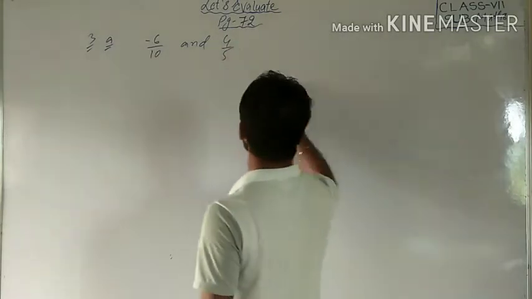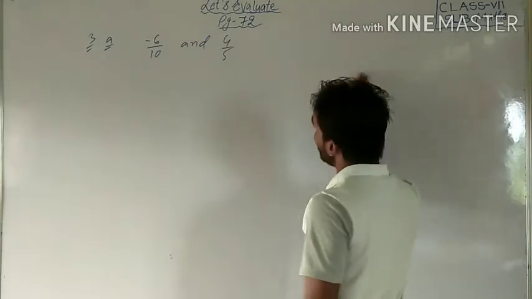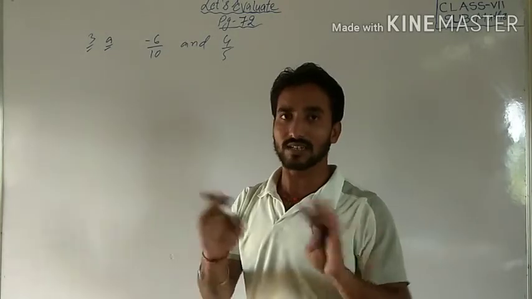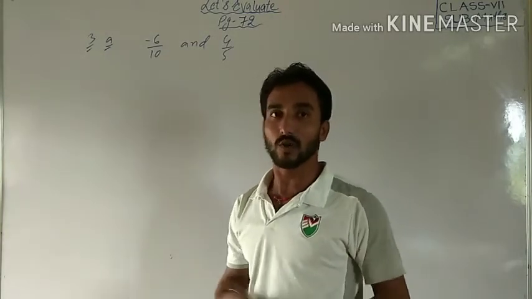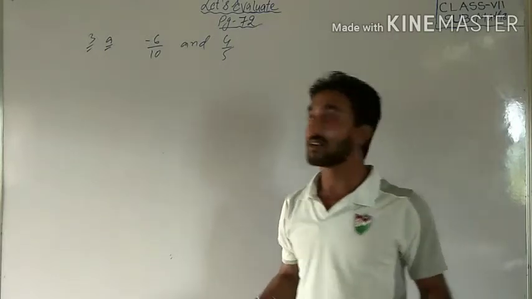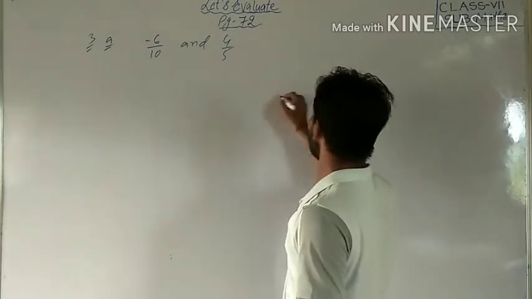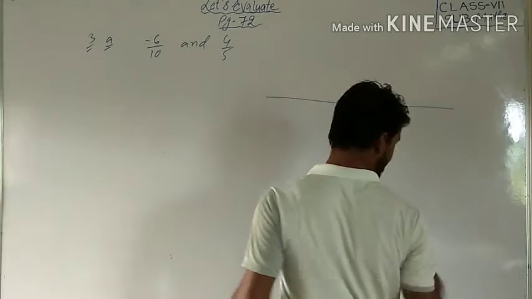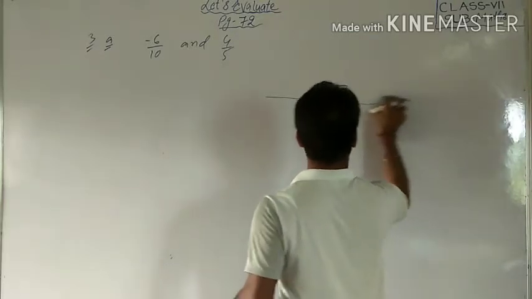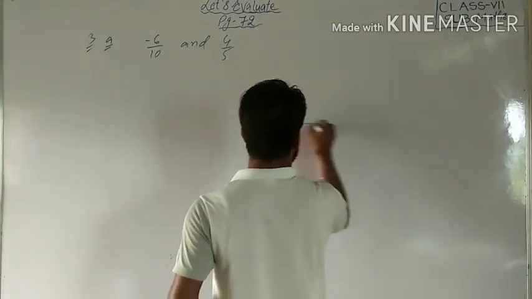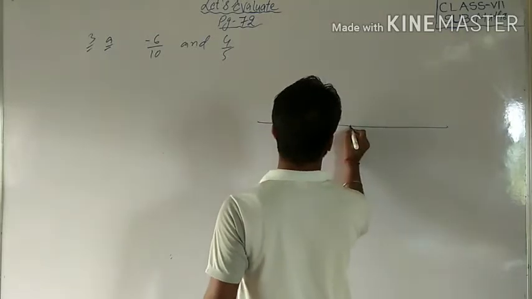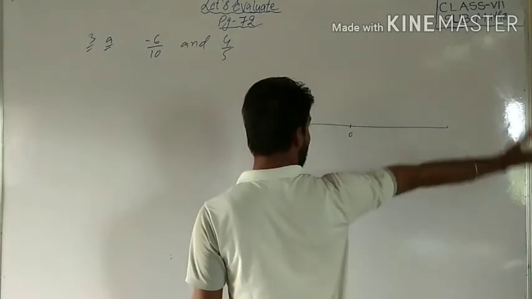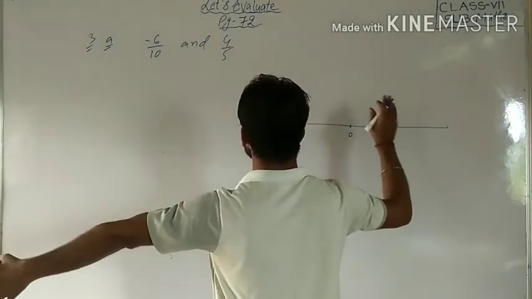Simple. If you want to do it casually without any rules, simple: make a straight line. Mention 0 in between. Right hand side is positive, left hand side is negative.